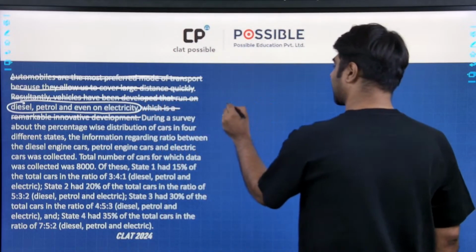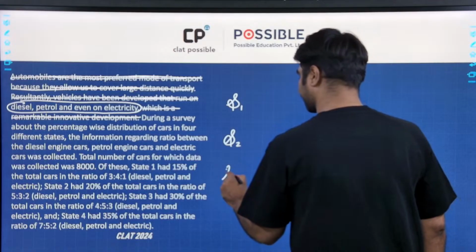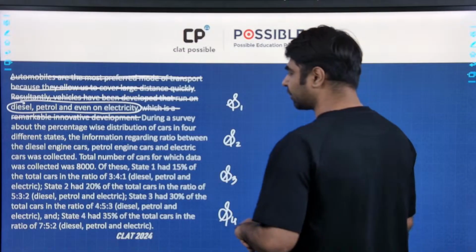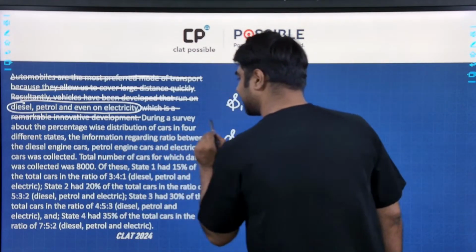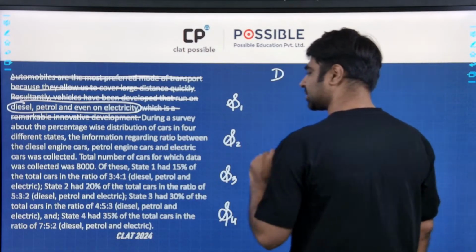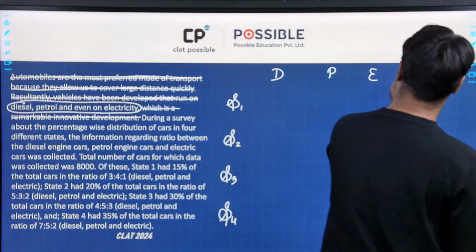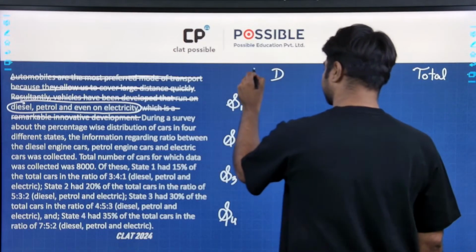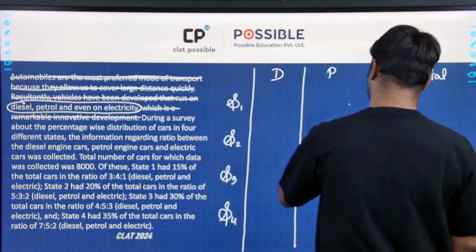Okay, so we have 4 states: state 1, state 2, state 3 and state 4. Regarding the ratio between the diesel cars, the petrol cars, the electric cars, and on the basis of that we'll be able to get the total also. Okay, so this is how the skeleton of a question looks like.